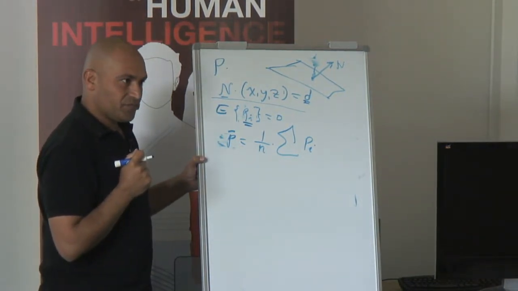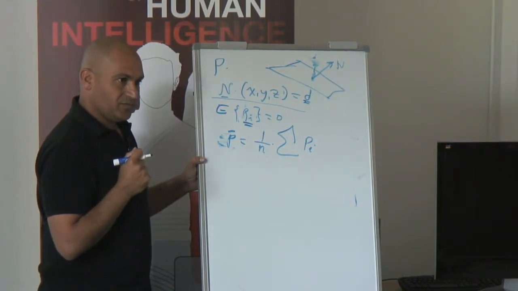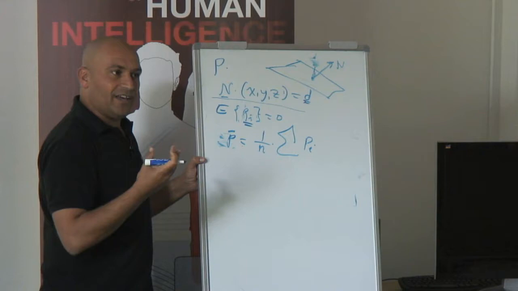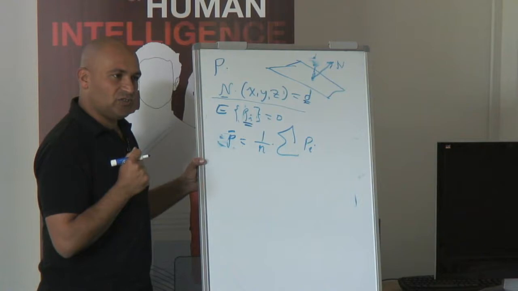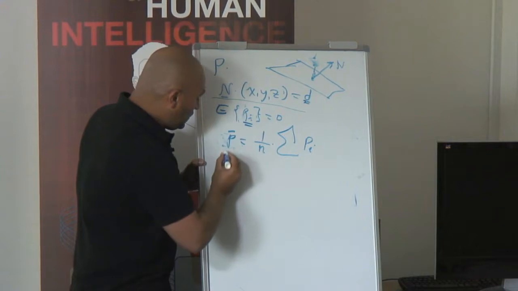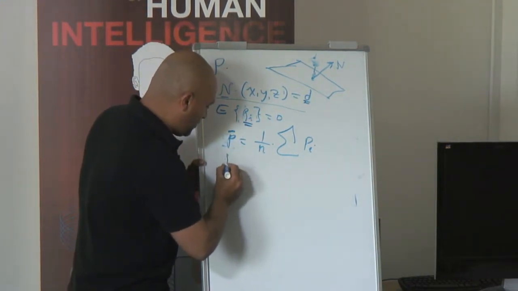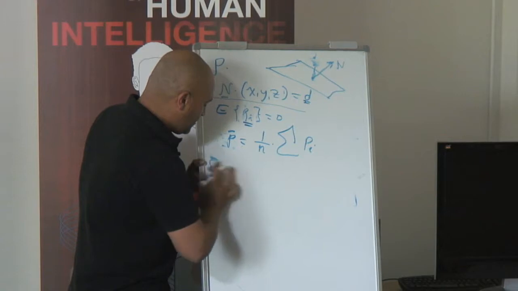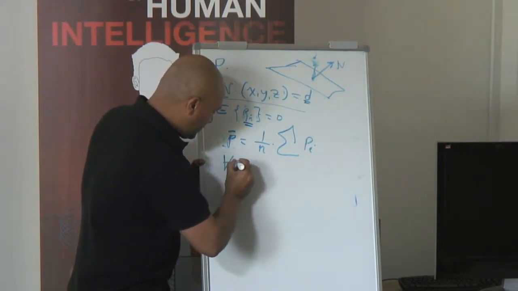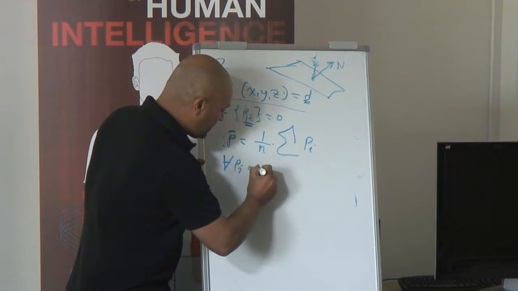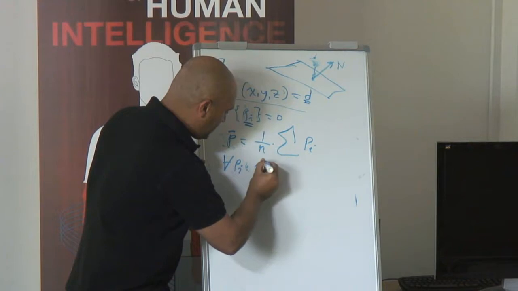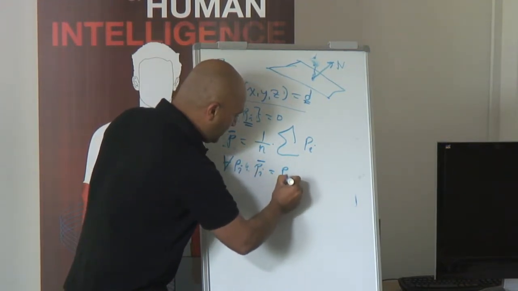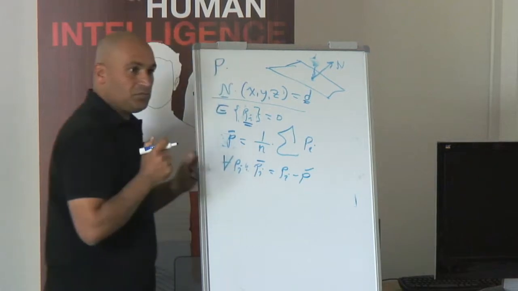Yes? It must be the center of the plane as well, right? Yeah. We assume, if we are lucky, the plane will be really close to that. So this is one of the main assumptions. And now after we compute P, we create a new set of points, which for every point pi is a new point pi', equal to pi minus P. Pretty much what you said.